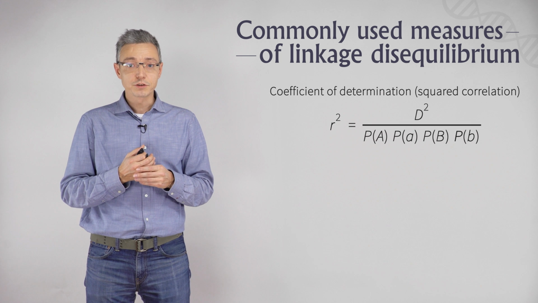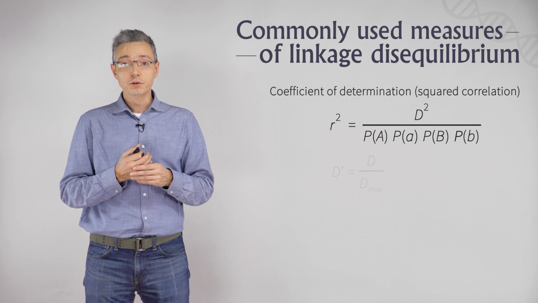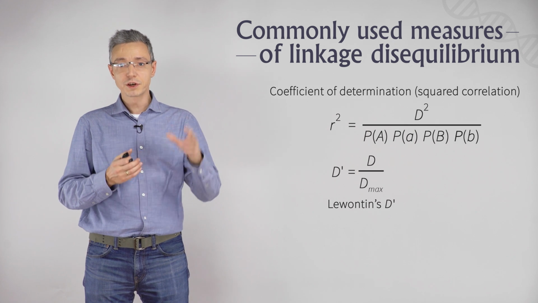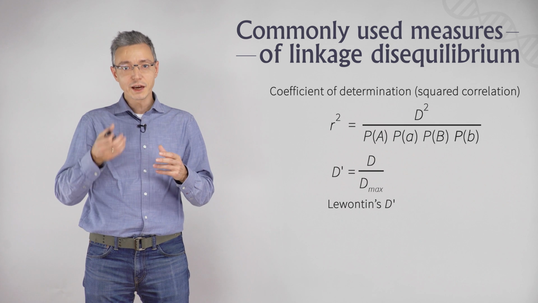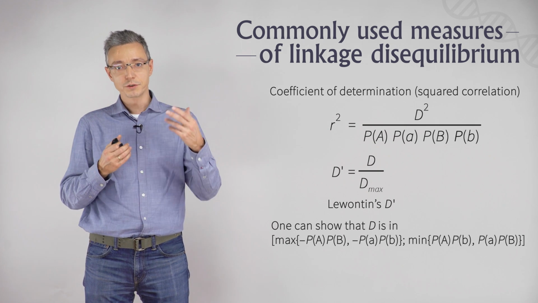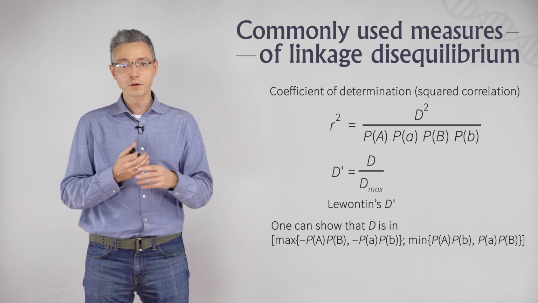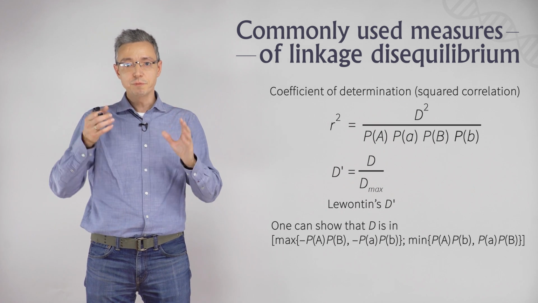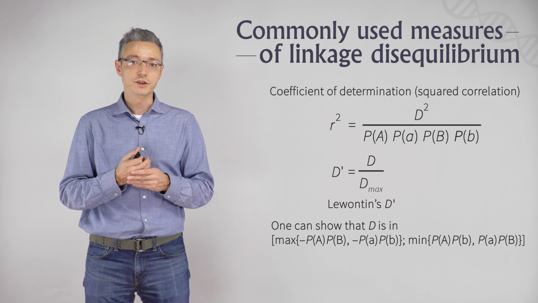Another important and widely used metric of linkage disequilibrium is called Lewontin's D prime. What we do with D in this context is look up the maximum possible value for the coefficient D under these specific allelic frequencies, and divide D by this maximum, and then again we get a scaled metric of linkage disequilibrium.